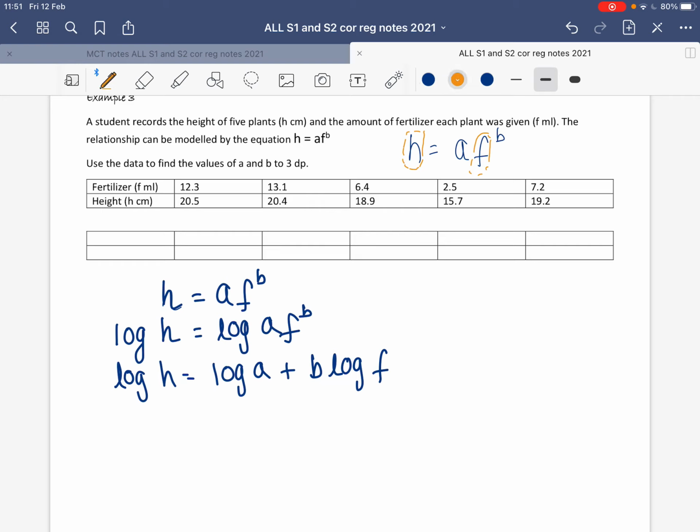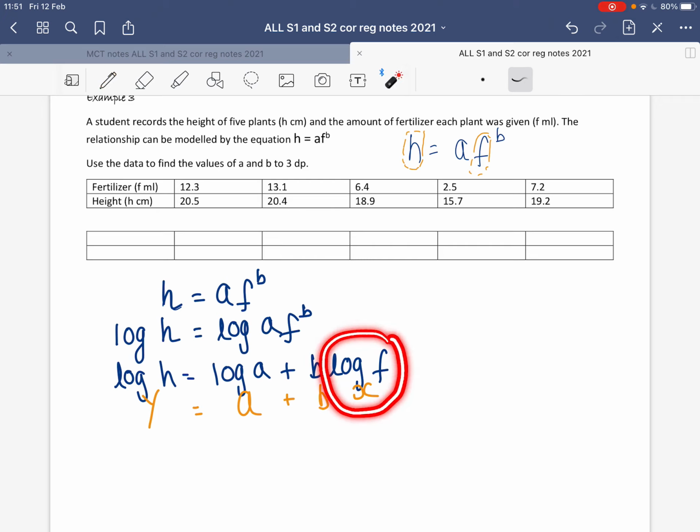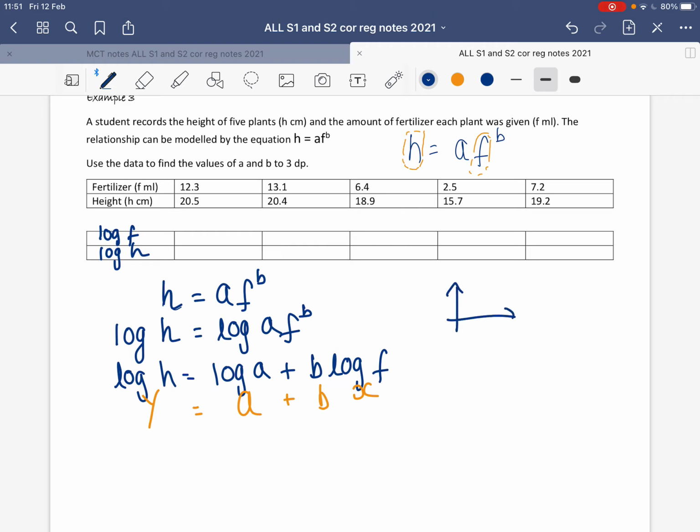It would be log a plus log f to the b, and I've brought the b down. So now we've got y equals a plus b x. So we would plot this against this if we were going to plot it. Log f against log h. So log f and log h would be the things that get plotted.